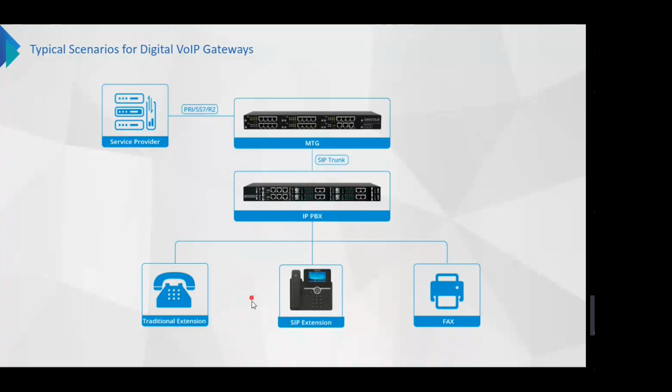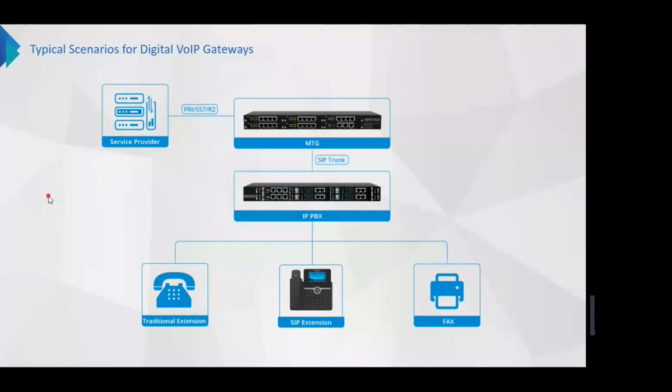And for example, if you want to use our extension for an internal call to an outgoing call, you can use your SIP extension, dial a certain number, and then go to the MTG. The MTG will forward to PRI, SS7 or R2. After that, you go to the service provider and outside users.